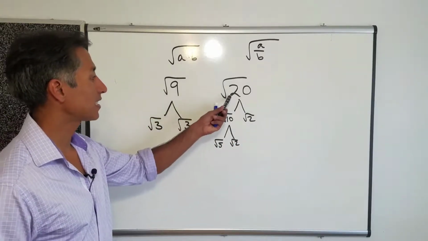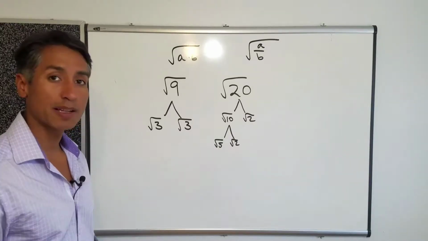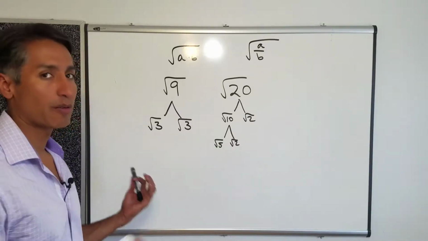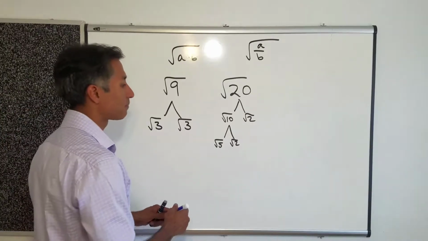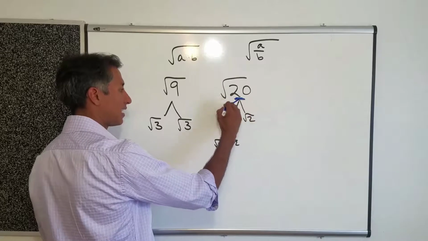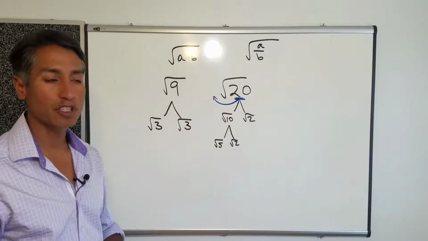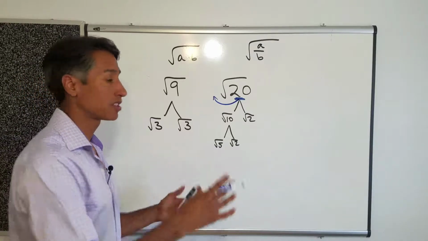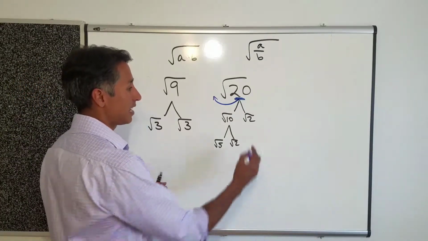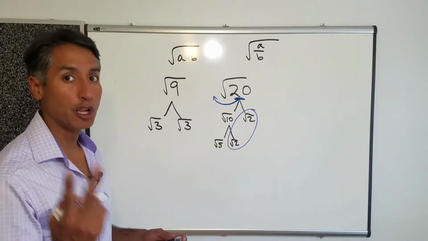So we've broken this guy down into all of these parts. And in order to simplify this square root or radical, whatever you want to call it, you need to get stuff out from underneath here and get it out from under the square root sign. So I say what you do is you pull out the doubles, okay? And what I mean by doubles is anything here where you have more than one of them, where you have 2, actually.